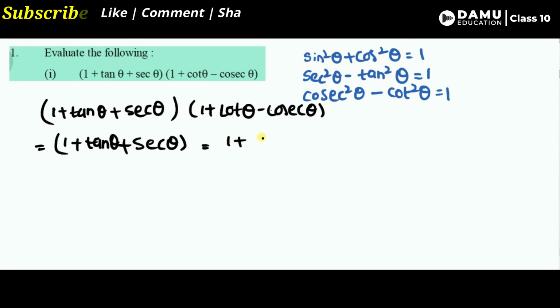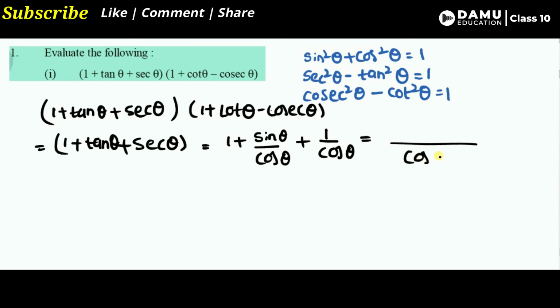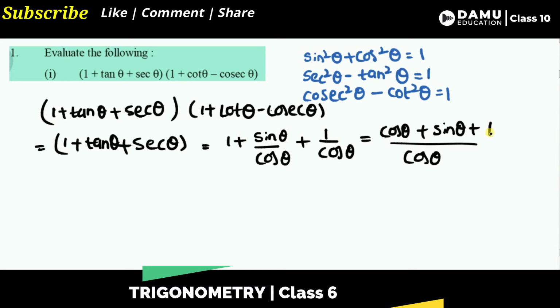First, 1 + tan θ + sec θ: write tan θ as sin θ by cos θ, and sec θ as 1 by cos θ. Let's take the LCM, which is cos θ. So we get (cos θ + sin θ + 1) by cos θ.